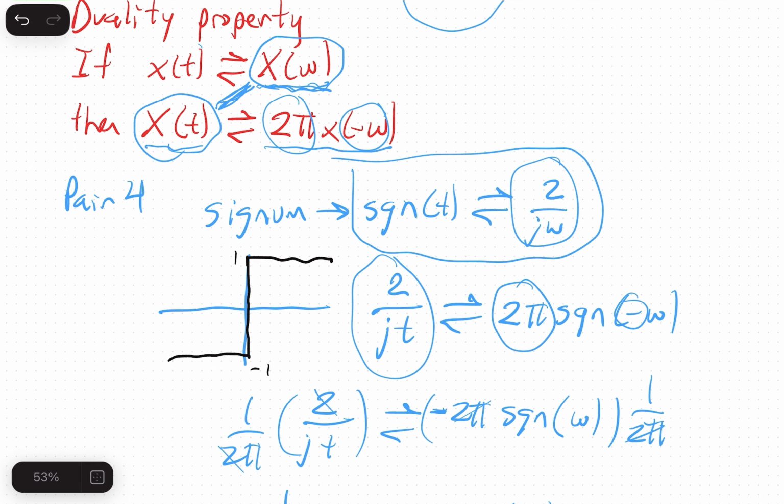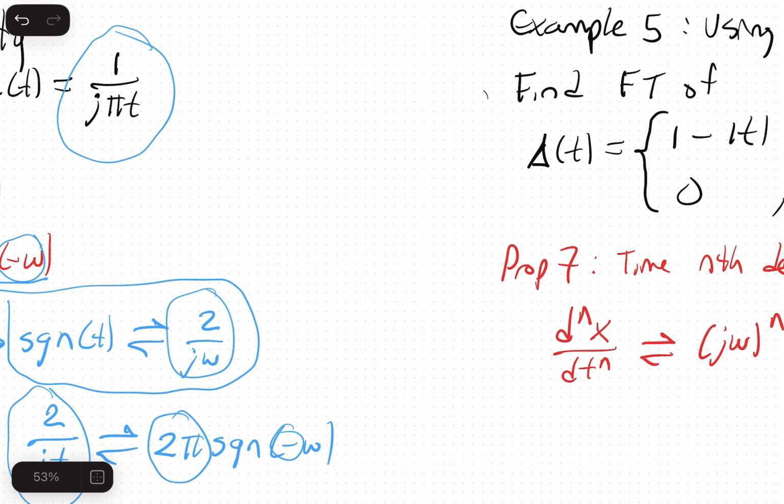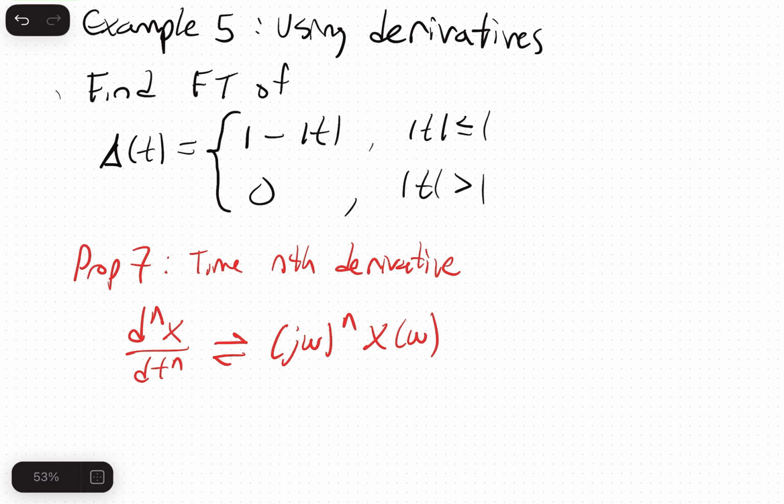Okay? All right, so we have the last example, which is the usage of derivatives to find the Fourier transform. And this is a really nice example because it has a very graphical property and a very useful one.